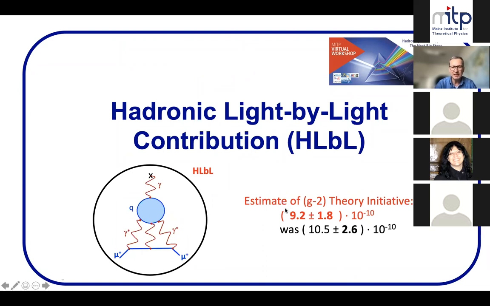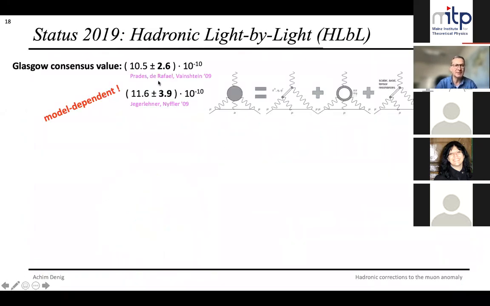Again, I show here the value which was agreed upon in the g-2 theory initiative. So actually, compared to previous estimates, there's a significant reduction of the uncertainty. And actually, I will show why this is the case. And the reason I can tell you already now is because also here now a data-driven approach has been applied, while previous estimates, this is again the status like 2 years ago or so, all the estimates were model dependent.